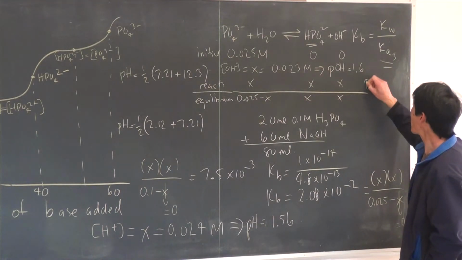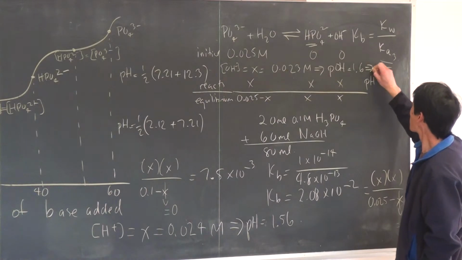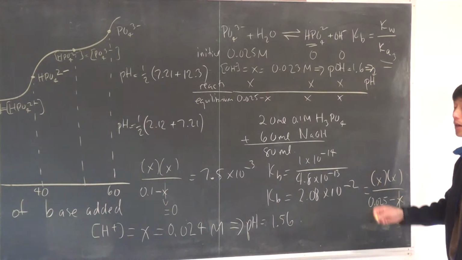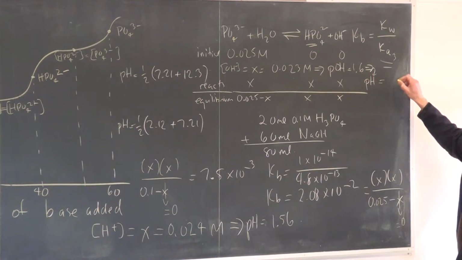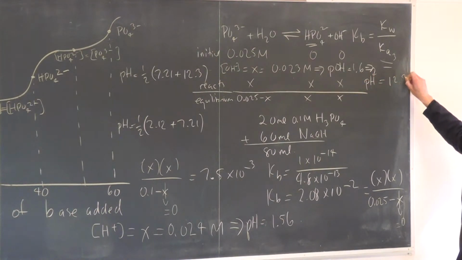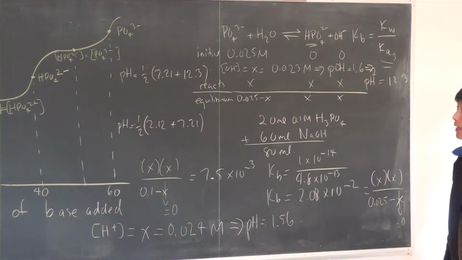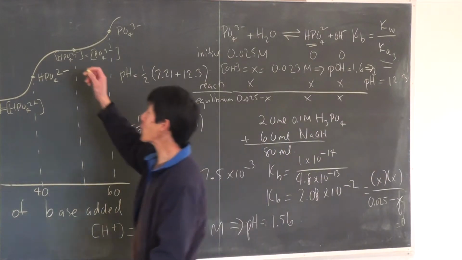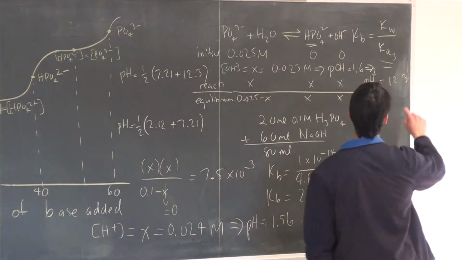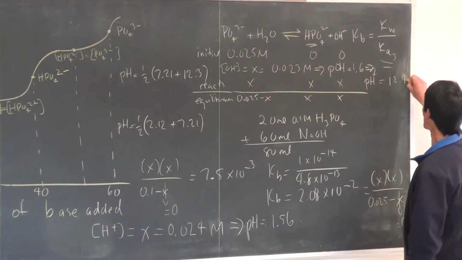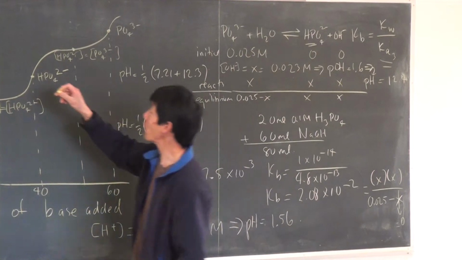And then the pH is 14 minus that, which is equal to 12.3. Yeah, so at the third endpoint, is that 12.3 or 12.4? 12.4. So the third endpoint is 12.4.